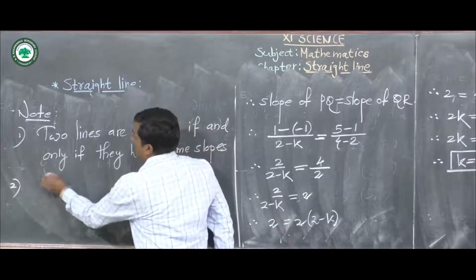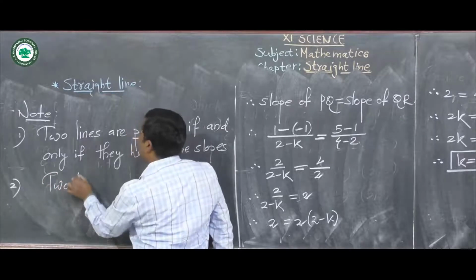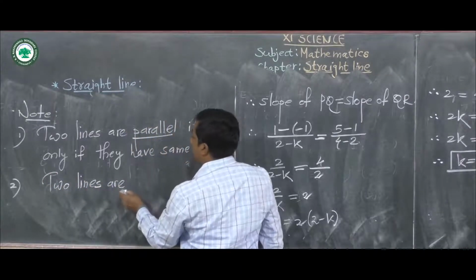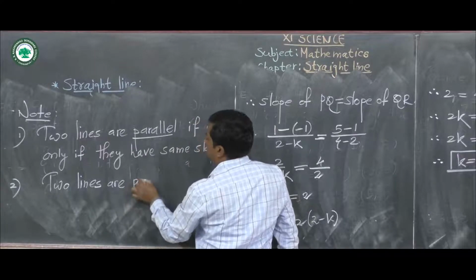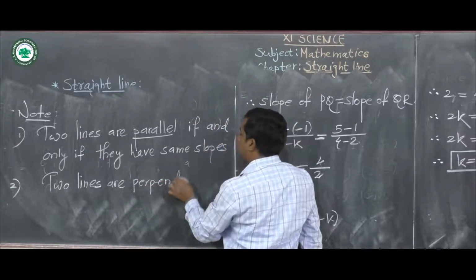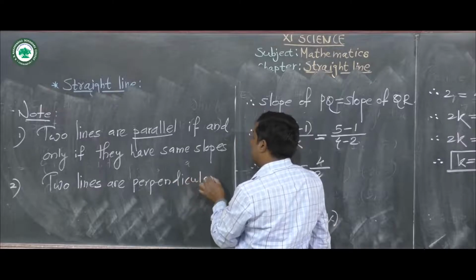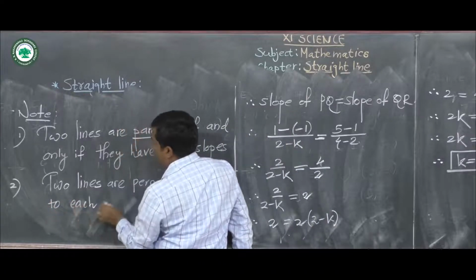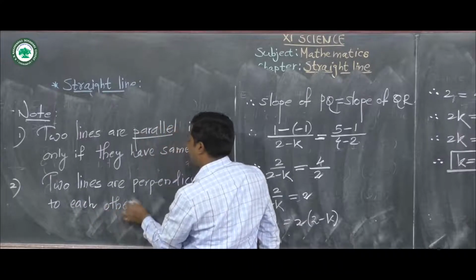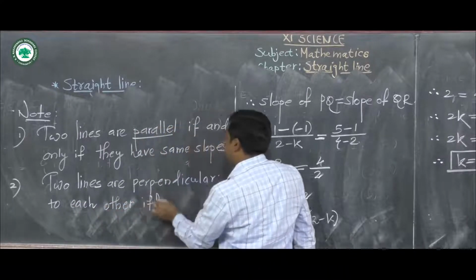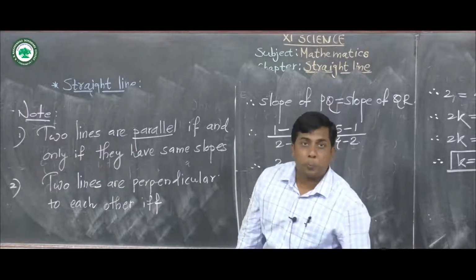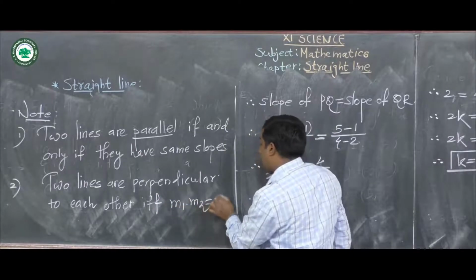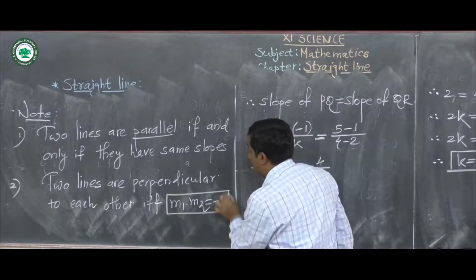Two lines are perpendicular to each other if and only if the product of their slopes, that is m1 into m2, is always minus 1.